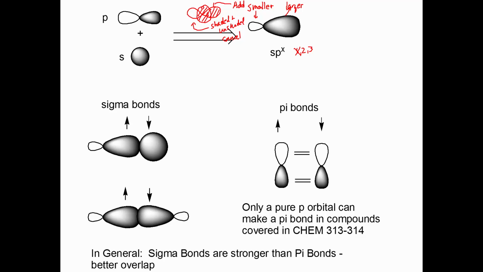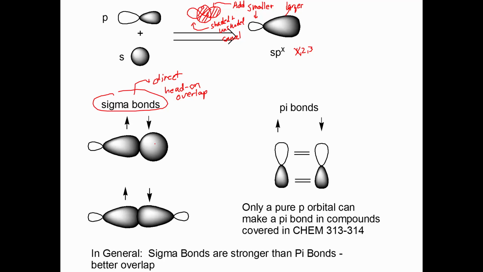So the sp(x) orbitals are really good for engaging in a certain type of bond called a sigma bond, which is basically direct or head-on overlap. We can form a very strong sigma bond by taking an sp hybrid orbital and an s orbital at hydrogen.